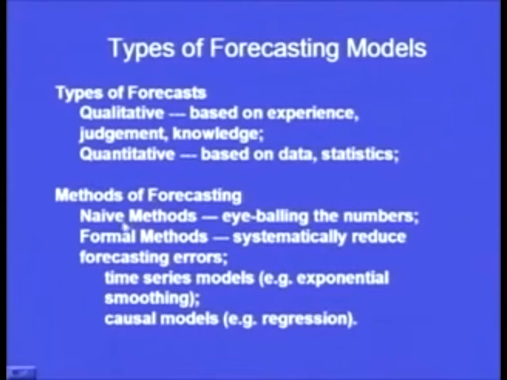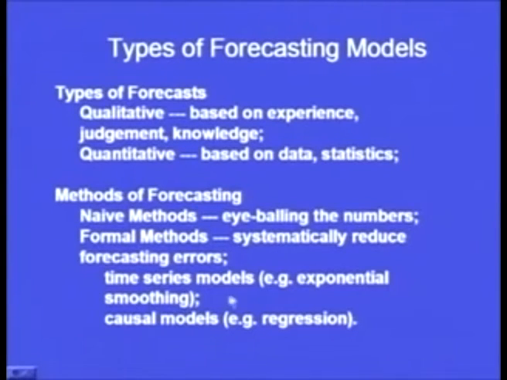Similarly, methods of forecasting can further be classified into naive methods, those are eyeballing the numbers, and formal methods like those that systematically reduce the forecasting errors. So, we will today see what is MAD, what is bias, and how these are the measures of the accuracy of the forecasting method.